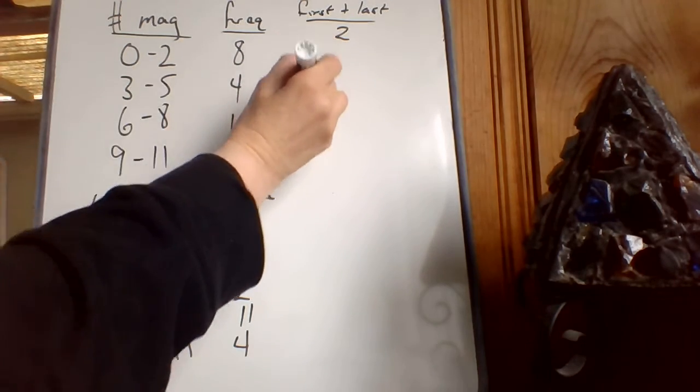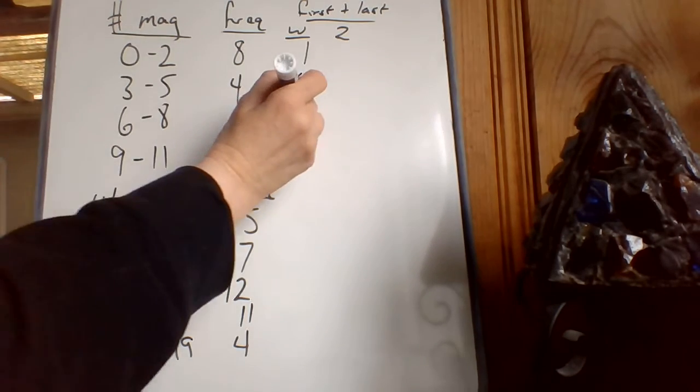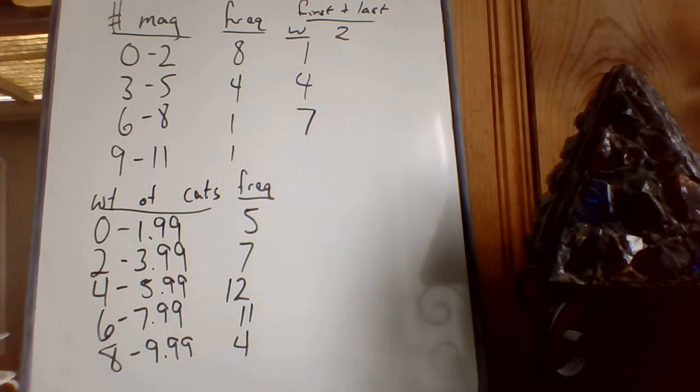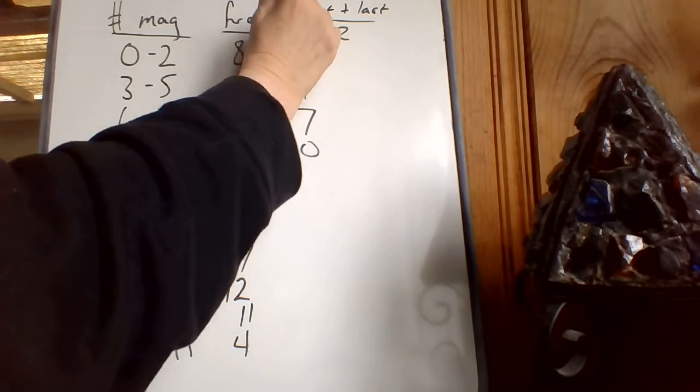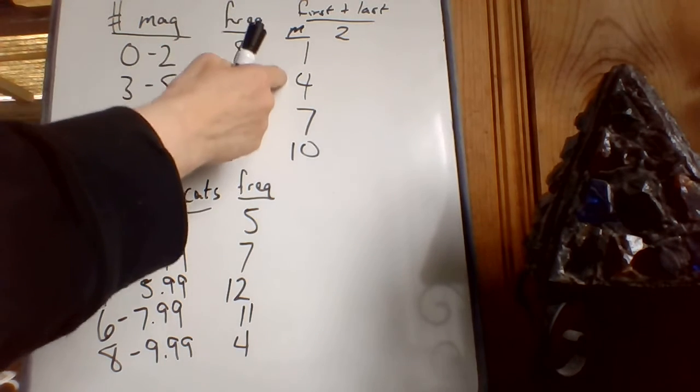So the midpoint there is 4. 6 plus 8 is 14, divided by 2 is 7. I could have done these in my head. And 9 plus 11 is 20, divided by 2 is 10. Something you can notice about the midpoints is that they're always a width apart from each other.